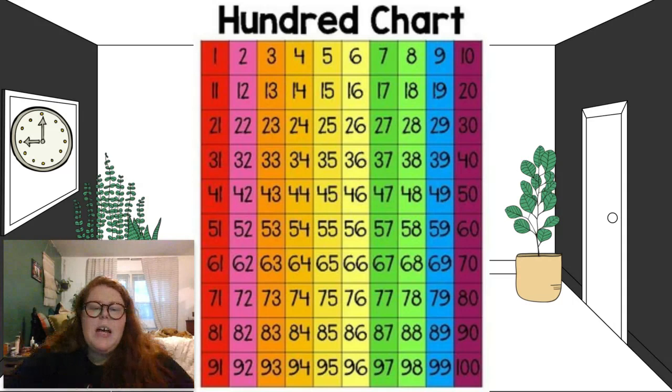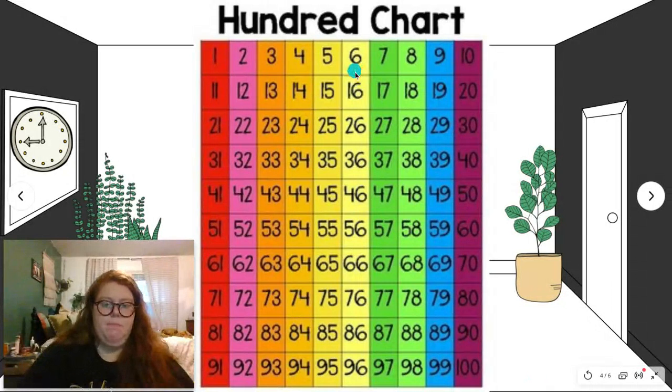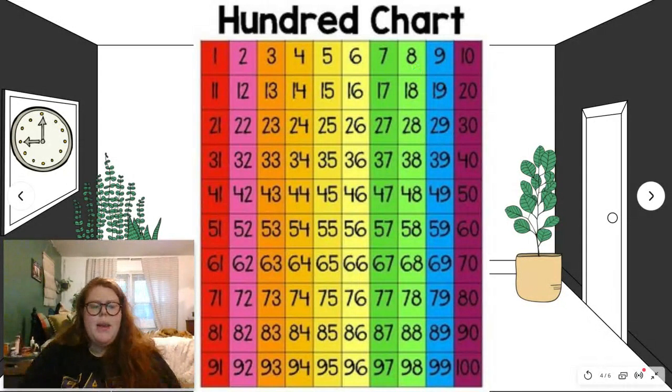Now, on this hundreds chart, I'm going to give you some clues, and I want you to figure out the number I'm talking about. Are you ready? Okay, I'm thinking of a number that is more than 6, but less than 8. What number am I thinking of?